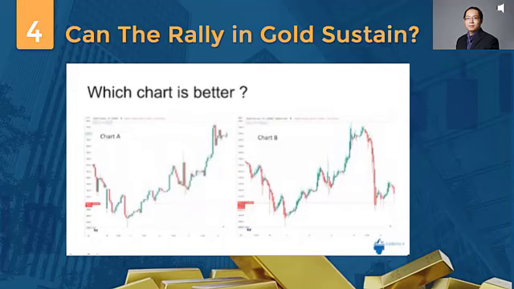So in a way, you are staying with the trend longer, whereas if you use normal Japanese candlesticks, you get a lot of whipsaws, especially when the market is going from a trending market to a sideways market. So Heiken Ashi helps you identify the trend of the market in an easier fashion.